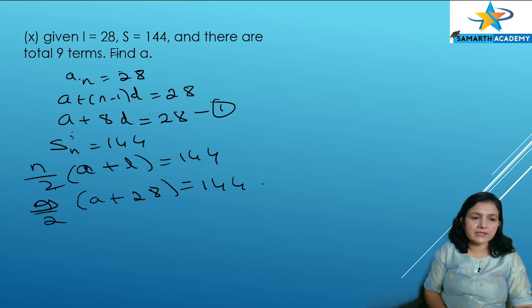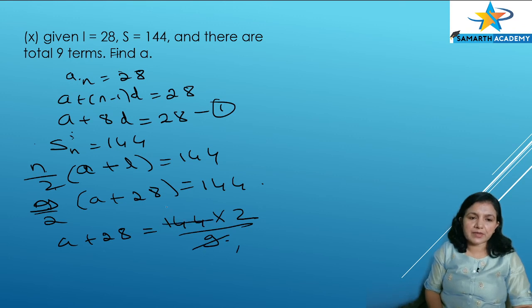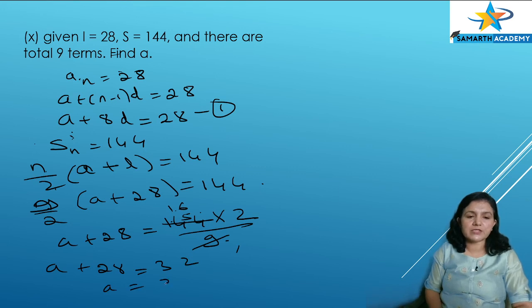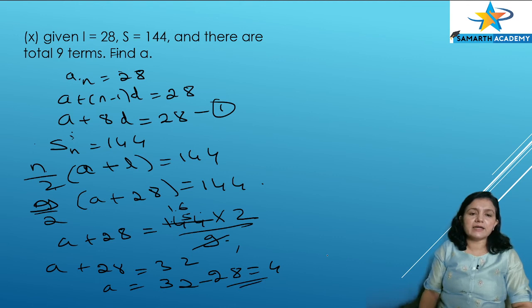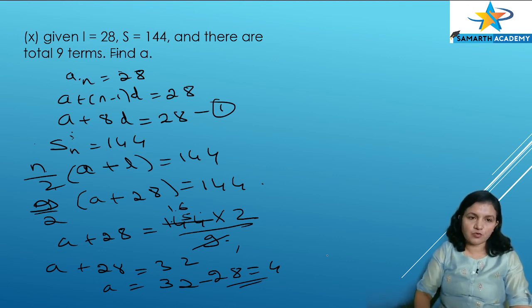So a plus 28 is equal to 144 into 2 divided by 9. 9 ones are 9, 5 remains, 9 sixes are 54, 16 into 2. So a plus 28 is equal to 32. a is equal to 32 minus 28, which is 4. Here the value of a is 4.